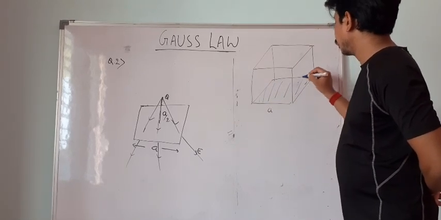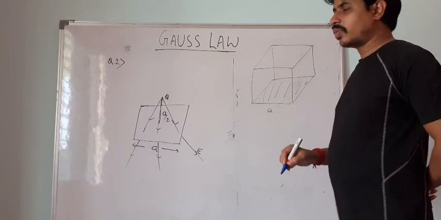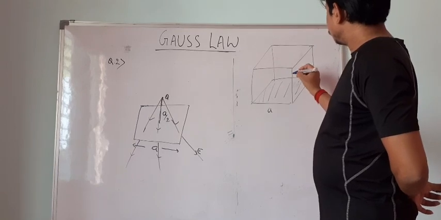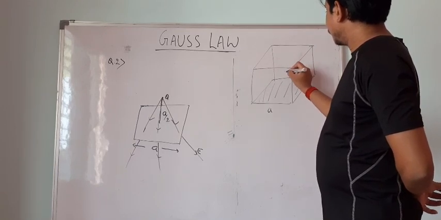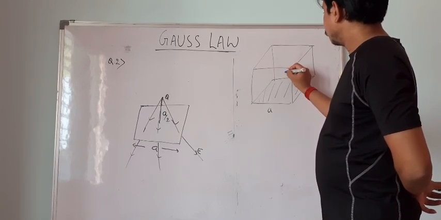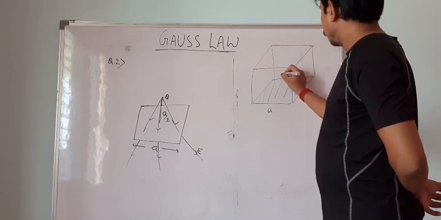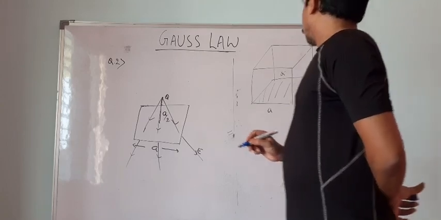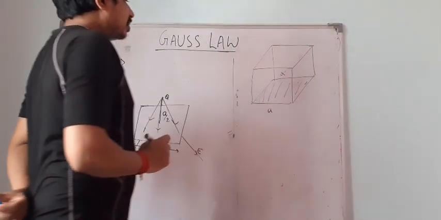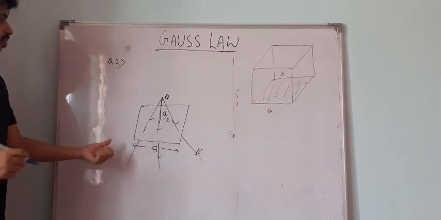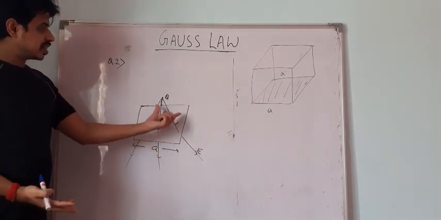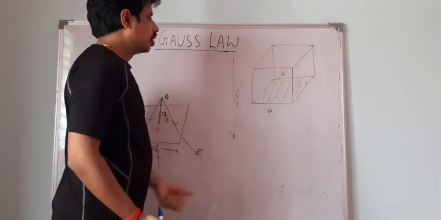This is given, and through this surface I have to find the flux of electric field, and my charge is at the center here. Here is the charge Q. So you can see that now it has been closed inside a cube. I constructed a closed cube, and this surface is at bottom.